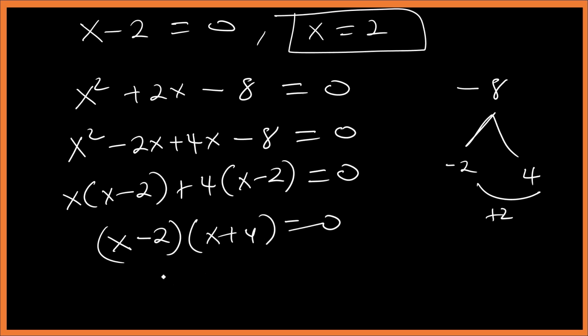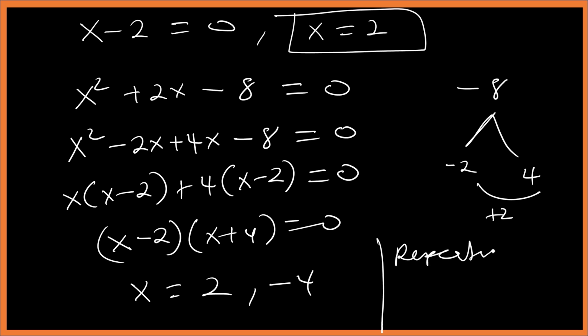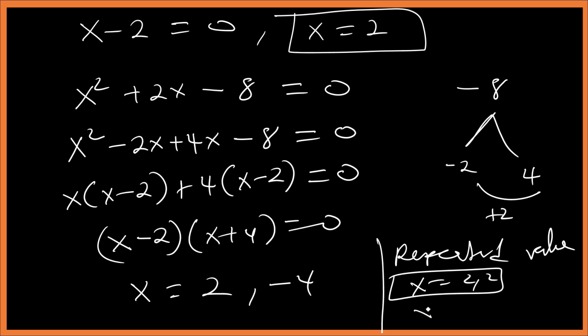So x minus 2, x plus 4 equals 0. So x minus 2 and x plus 4, so x equals 2 and x equals minus 4. So we have a repeated value here, x equals 2, and then x equals minus 4.